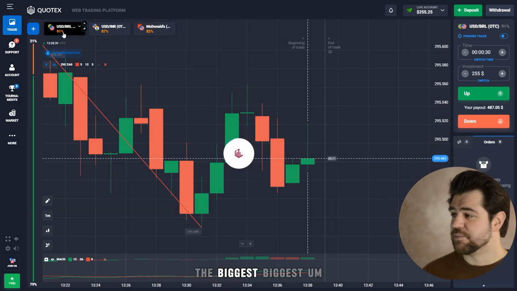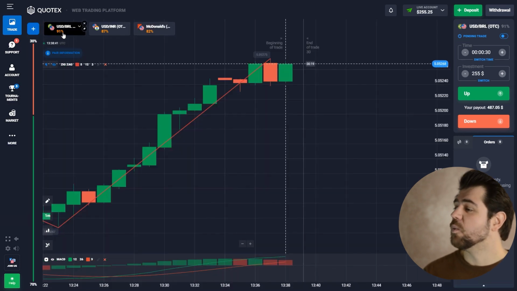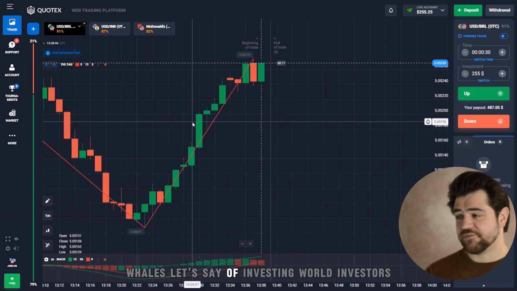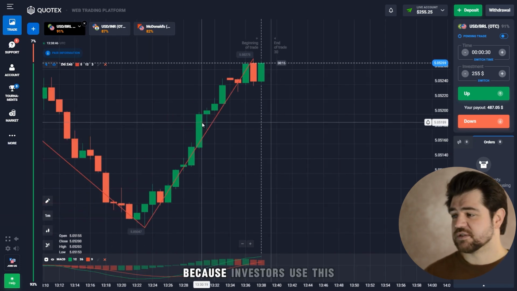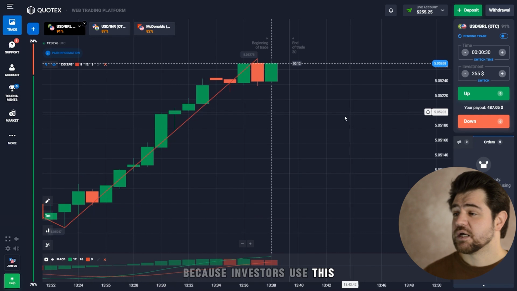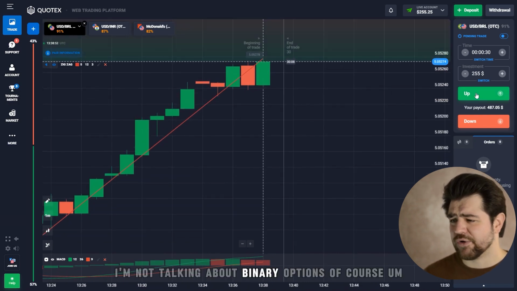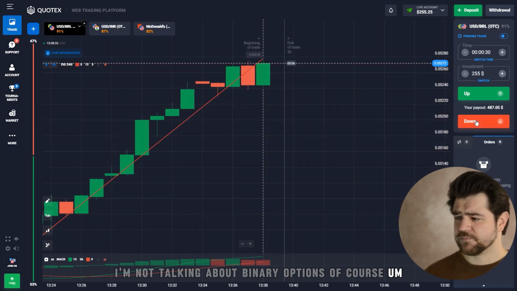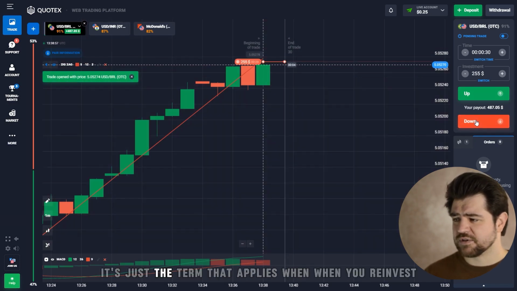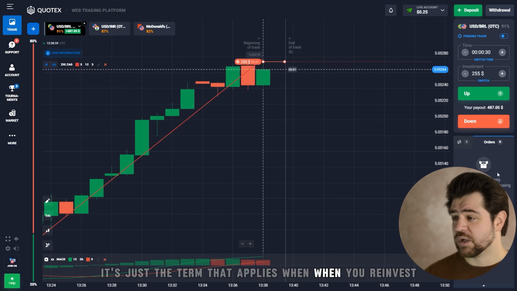The biggest whales, let's say, of the investing world, the biggest investors, use this compound percent in their trading. I'm not talking about binary options, of course, but it's just the term that applies when you reinvest.